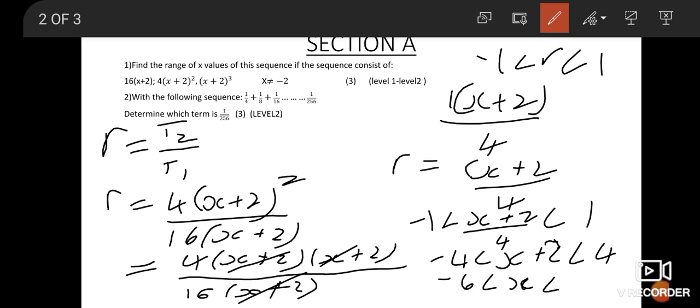Then we take 4 minus 2 to get 2. Then there's your answer. Simple and easy. Allocate the marks for using this, then maybe for getting that, and then getting the final answer. Basically that. Okay, next question.